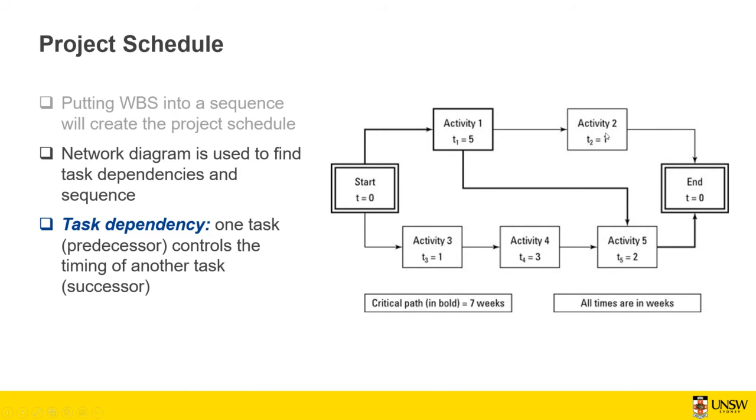And when activity 5 and activity 2 are finished, your project is completed. There is also something called the critical path, which you can see as these bold arrows here. I'll explain critical paths later.